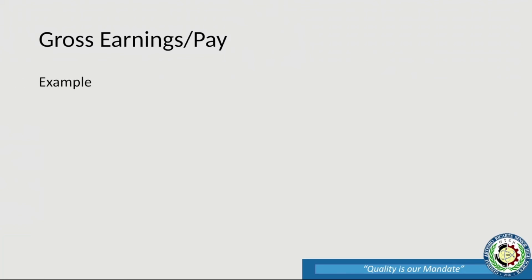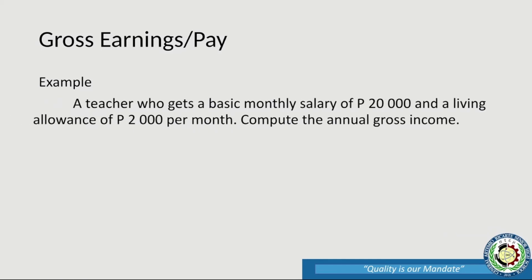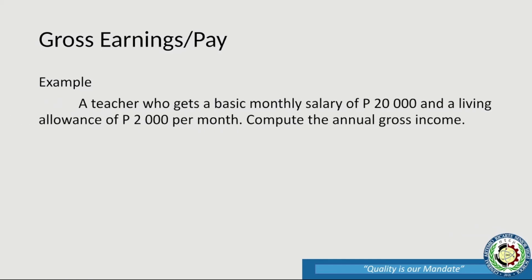Now let's move on to our example for gross earnings or pay. A teacher who gets a basic monthly salary of 20,000 and living allowance of 2,000 per month. Compute the annual gross income.